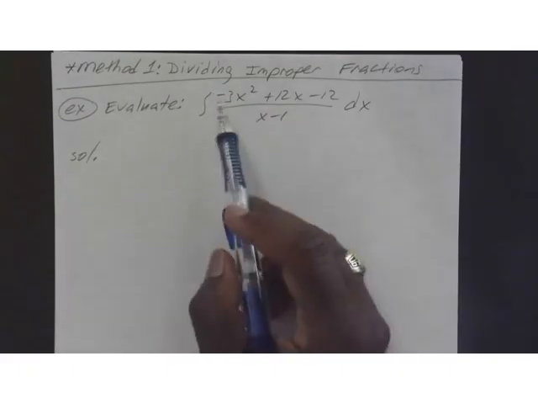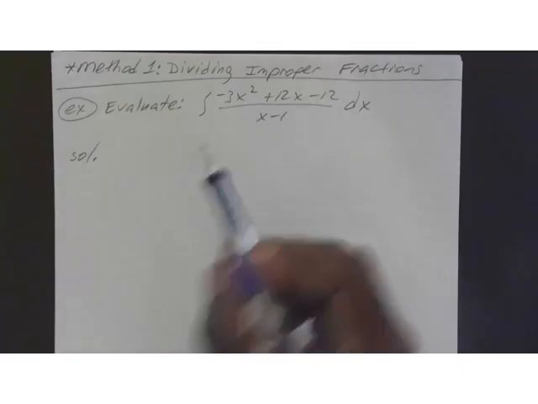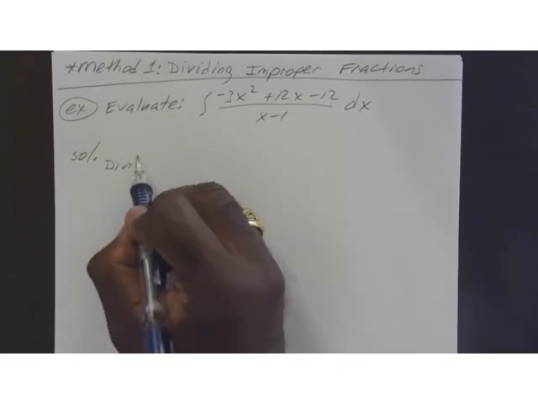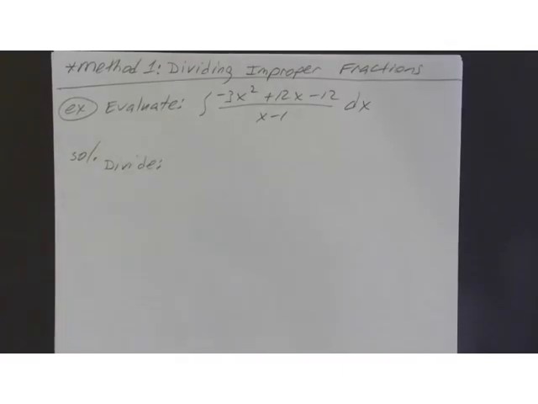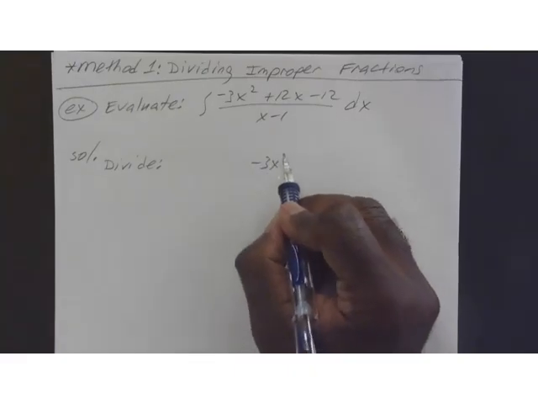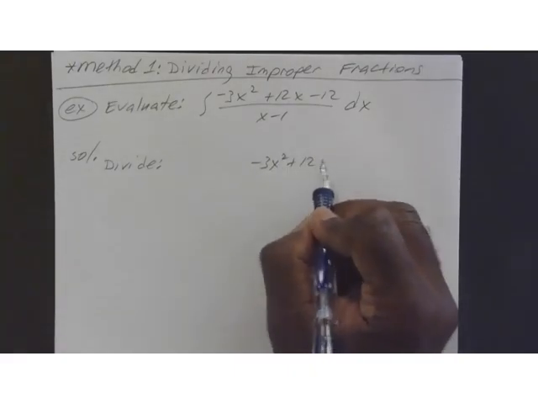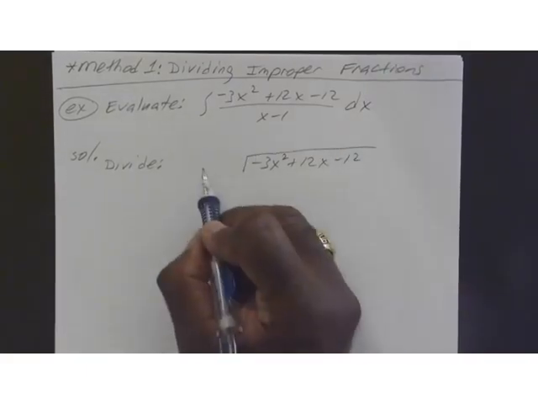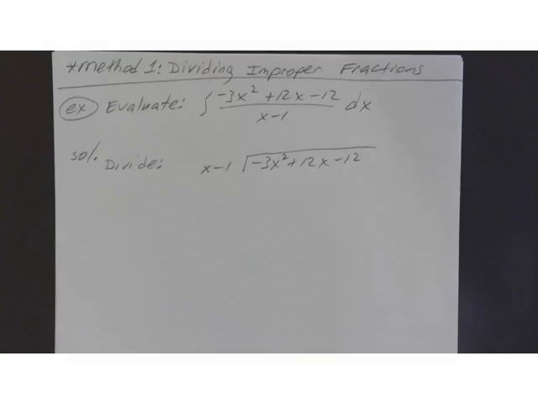Okay, so with this one, you want to take your function and just divide it. So it's negative 3x squared plus 12x minus 12 divided by x minus 1.